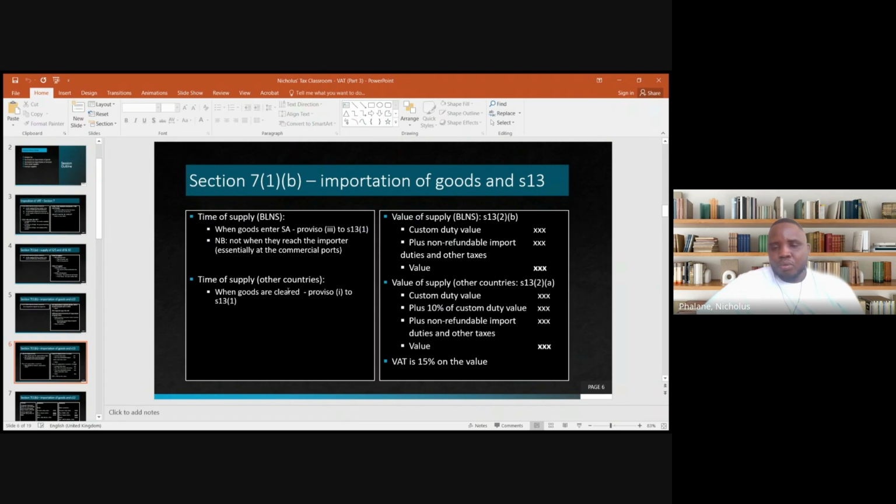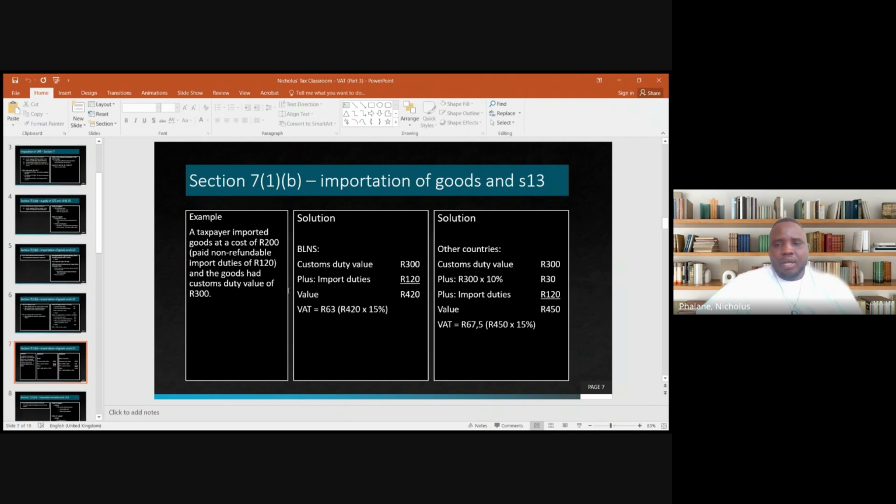When you are importing from BLNS, there is no 10% of the customs duty value, because no customs duty is charged when you're importing from our customs union member countries. Once you've determined your value, you apply 15% on the value to calculate VAT. Remember, this is value, not consideration. If it was consideration, you would multiply by 15 over 115.